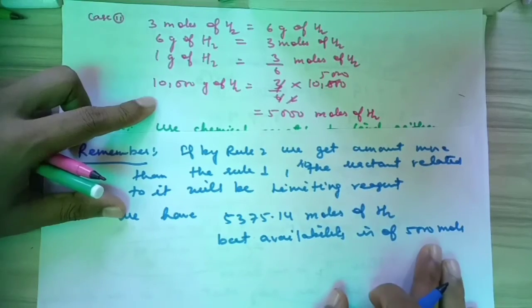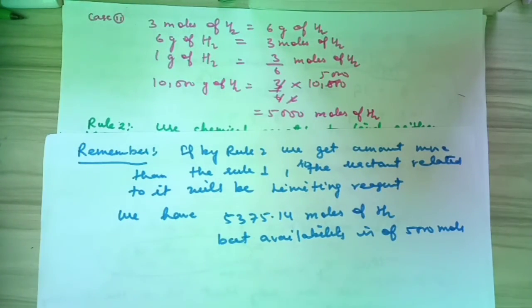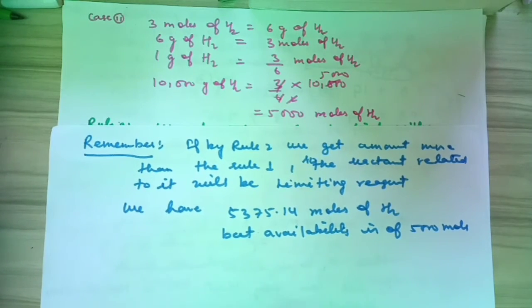So it will be consumed first, hence it decides that hydrogen is the limiting reagent. Now we have decided that hydrogen is the limiting reagent. So hydrogen will decide the amount of ammonia formed.